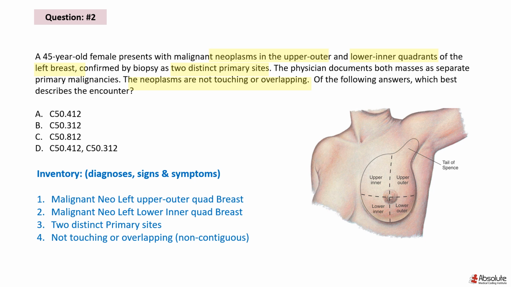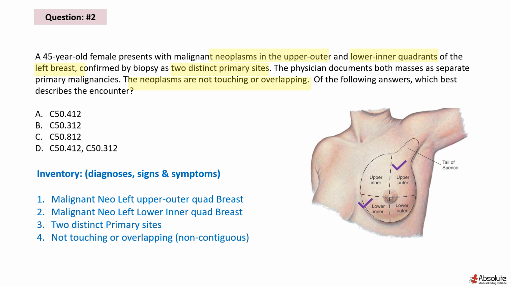So let's go ahead and mark that off. It also says that there are neoplasms in the lower inner quadrant of this left breast, and it's here. And of course, it says that these are both two primary sites but they are not touching or overlapping. In fact, they are non-contiguous.